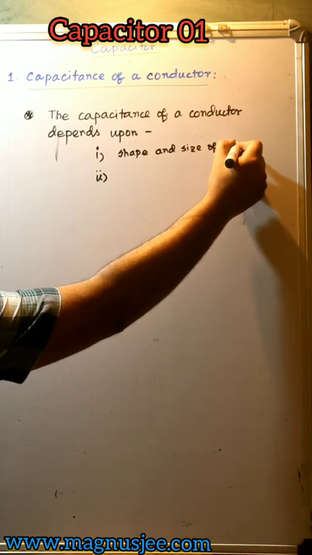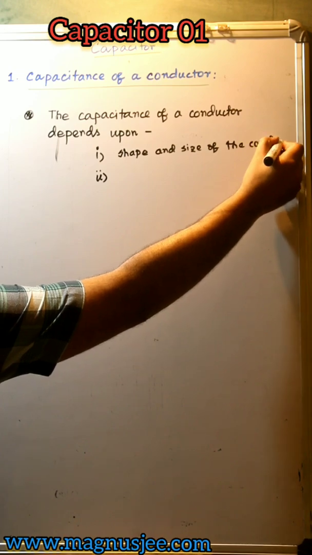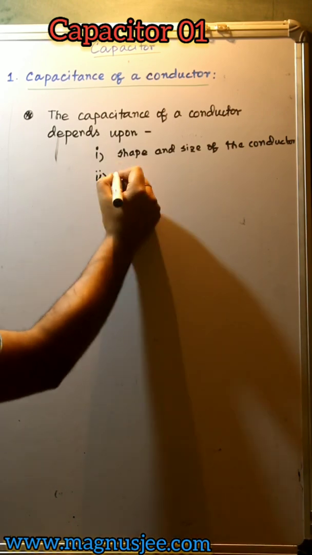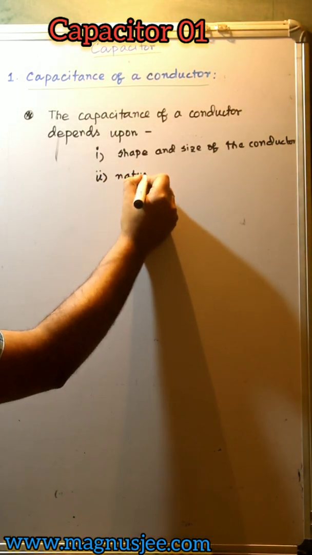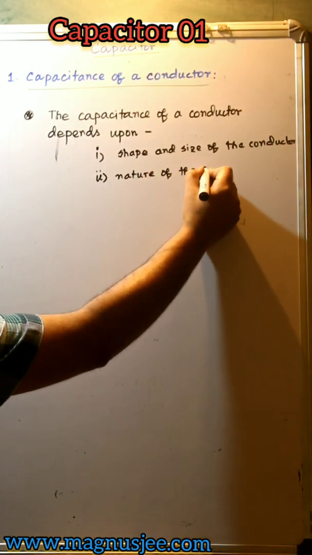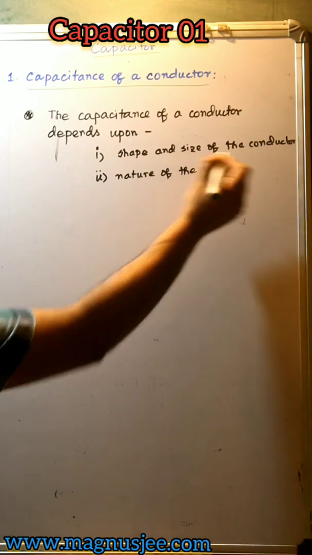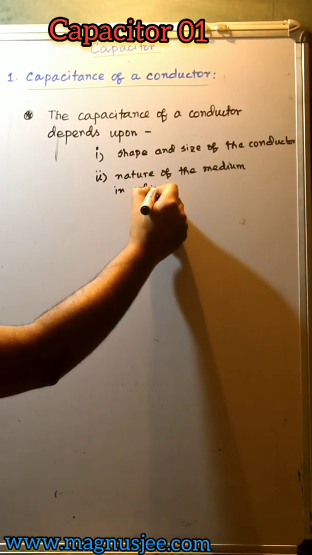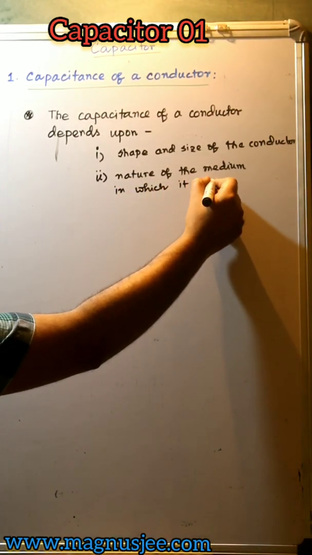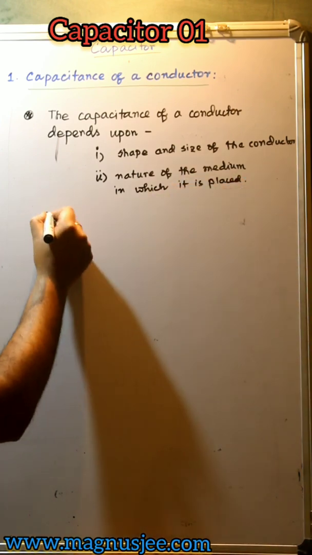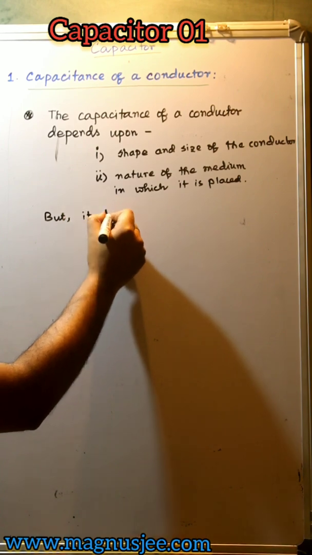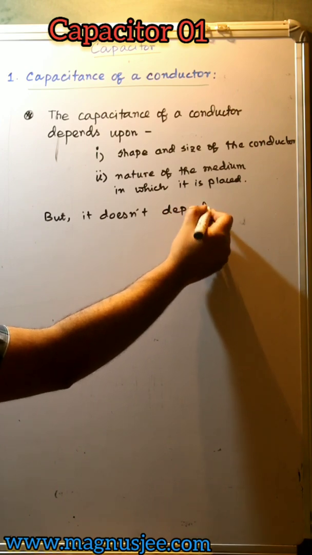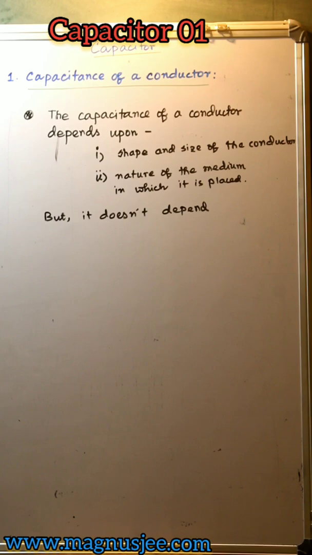And also it depends upon the nature of the medium in which the conductor is placed, but it does not depend upon the nature of the material of the conductor.